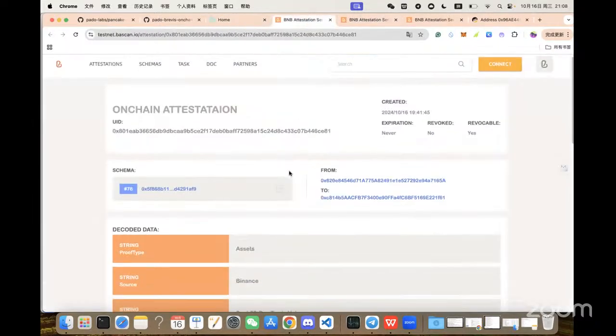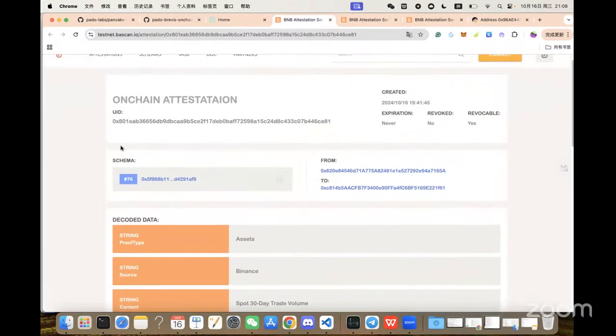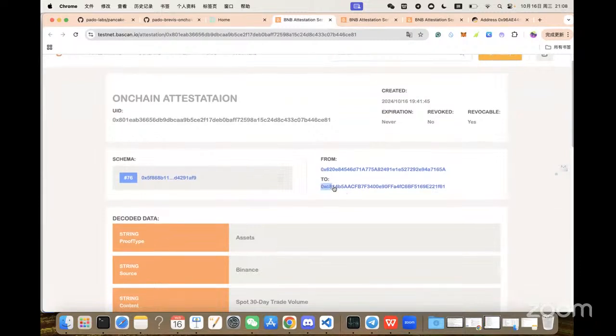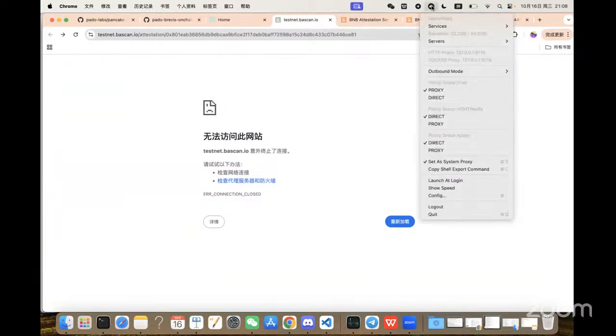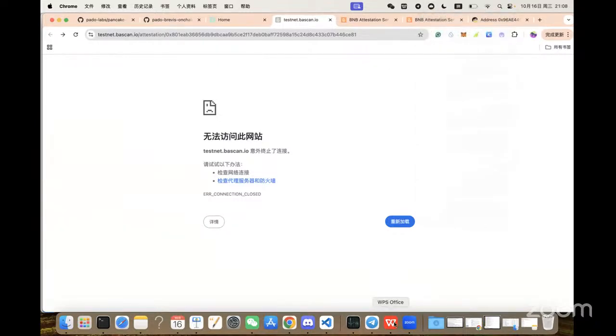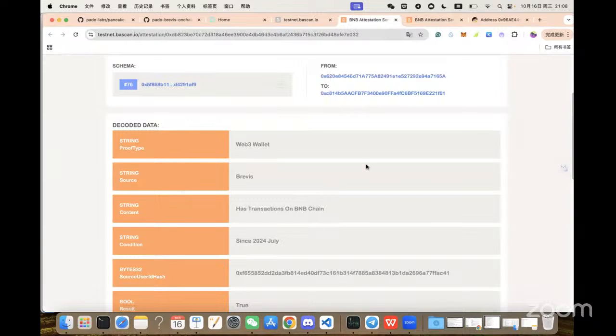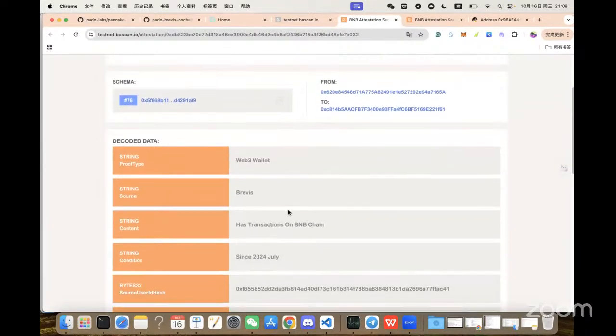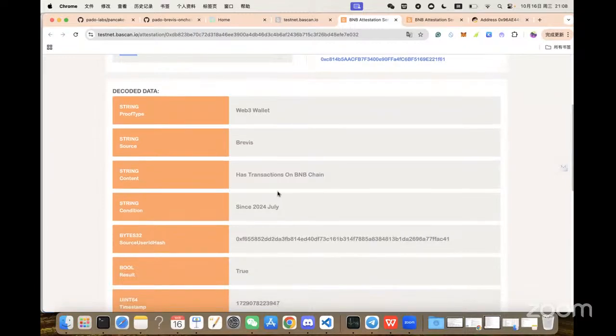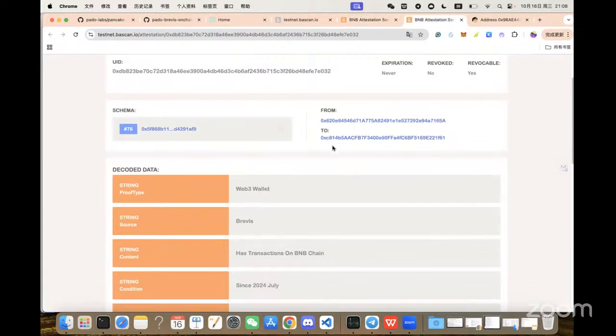Remember they have been created, and if you check it on the blockchain, I already opened the page here. So these are the attestations for the address C8. The first gives the meaning that I did some transaction on the BNB chain, created by the previous framework, and this is another attestation for the off-chain data.